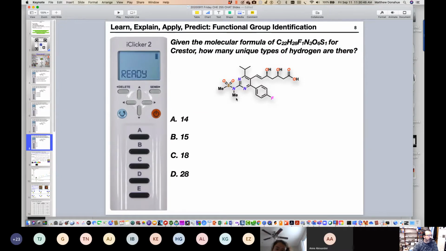What do you think, yes or no? Yeah, so those are unique sets. Again, they're bonded to different elements, so that makes them unique. So we have 1, 2.